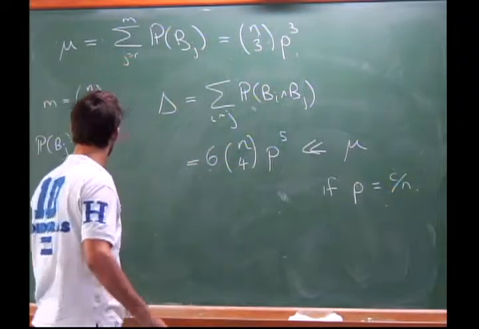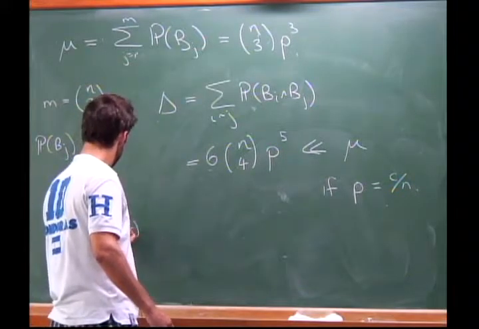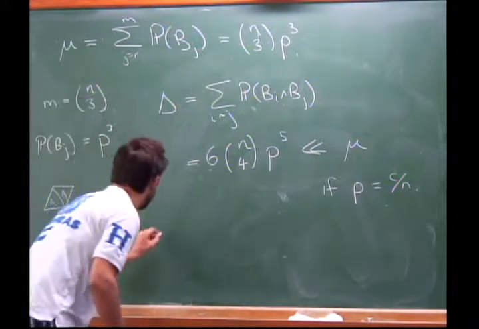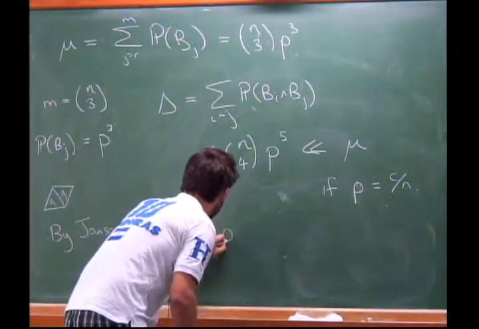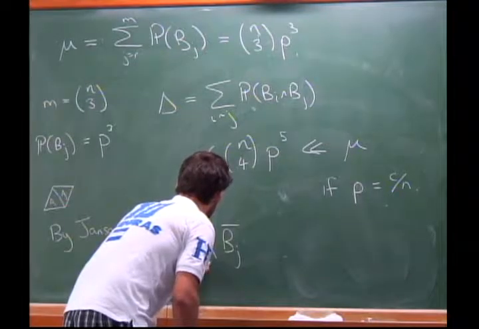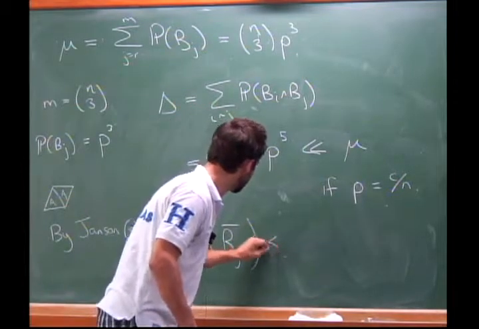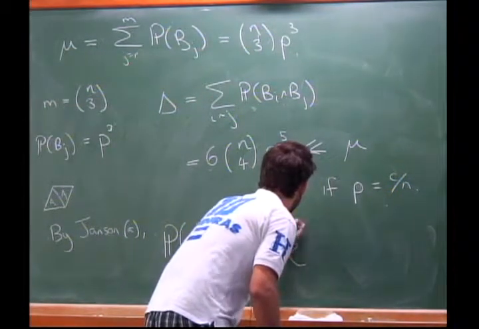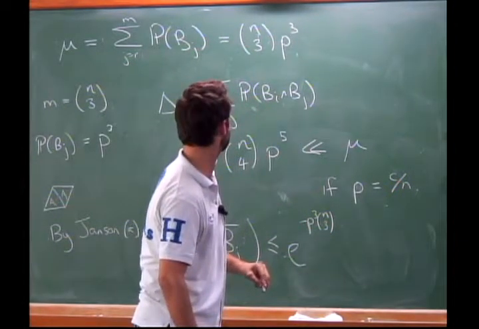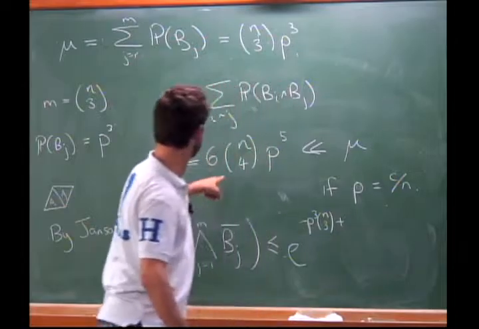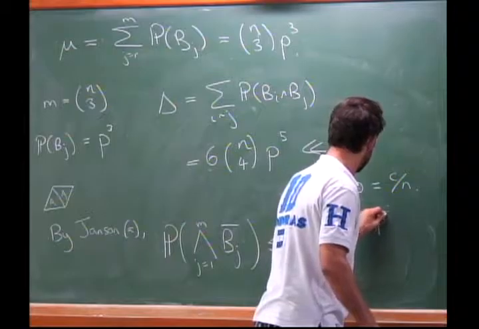Okay, so we apply Janson part A. The probability that there's no triangle, which is the probability that there's no triangle in G(n,p), is at most e to the minus p cubed n choose 3 plus this thing, 3 n choose 4 p to the 5.